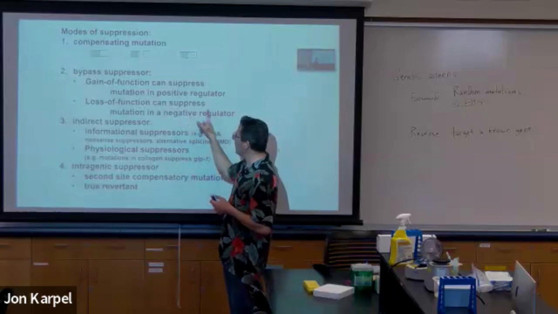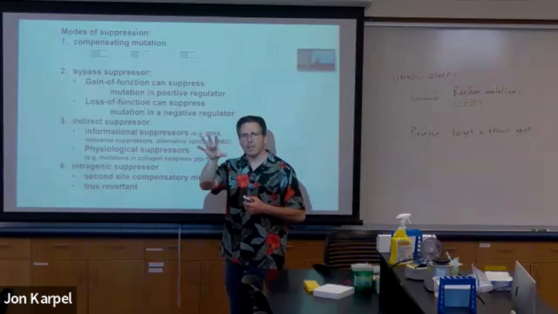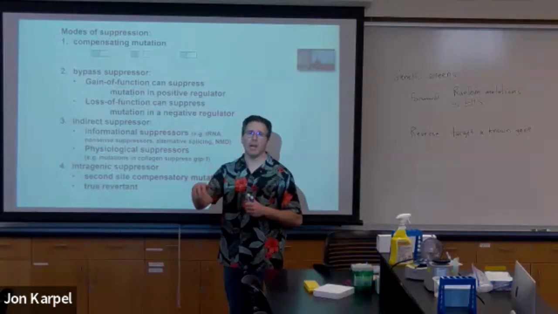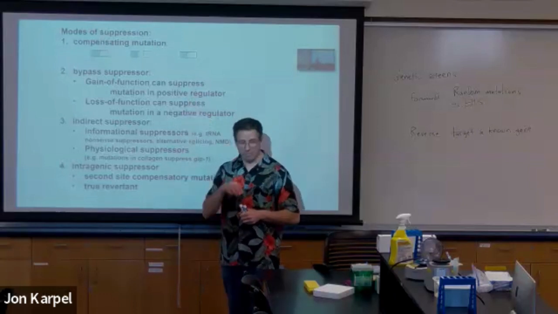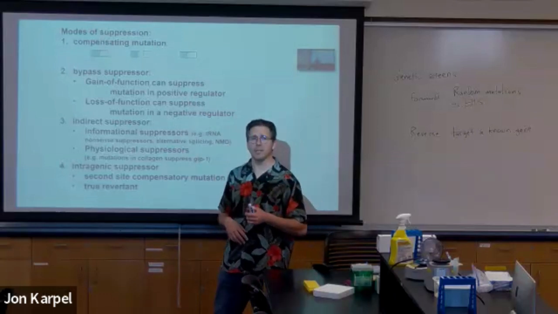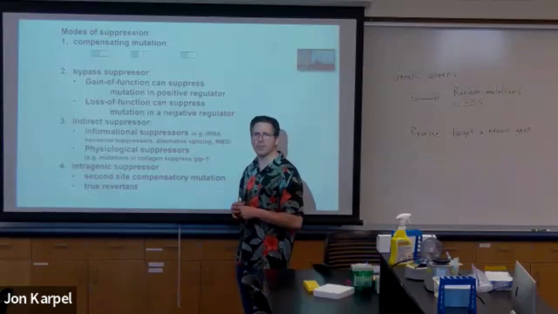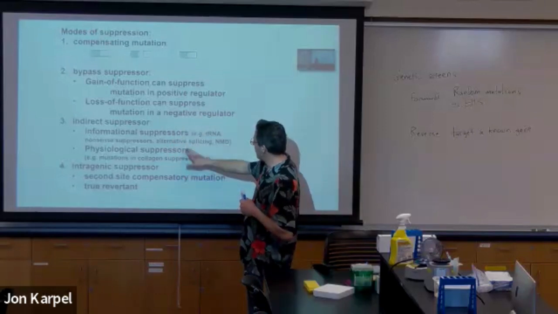So just think of a repressor protein. If I make a mutation in a repressor, typically it's repressing a process. I can remove that repression and then allow that process to continue on. Or I can make mutations in enhancer proteins where they gain a function and then they're able to push a process forward. You can also find informational suppressors or physiological suppressors.